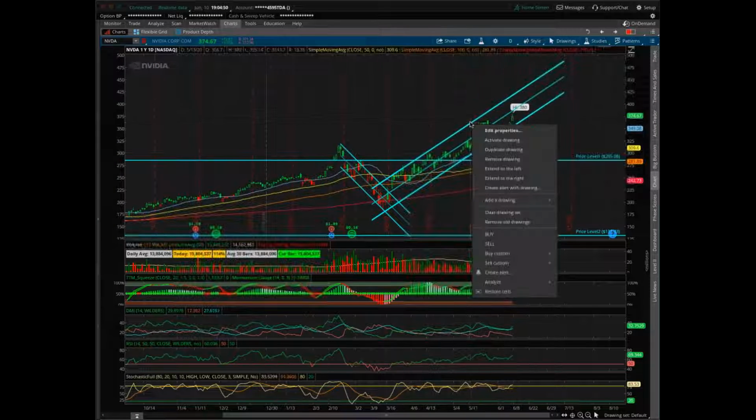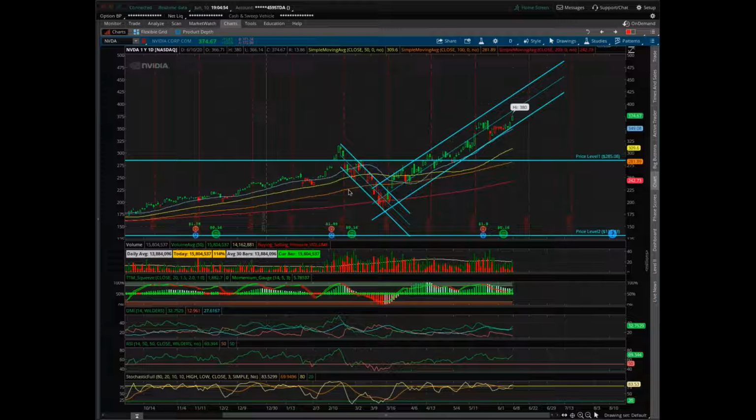Then click edit properties. Go down where it says coefficient 0.5 and click visible. Then change the color if you like, because it's probably red or yellow. Change that color to whatever color you want. Then push set as default and then push OK. And then your line should pop in. Okay.